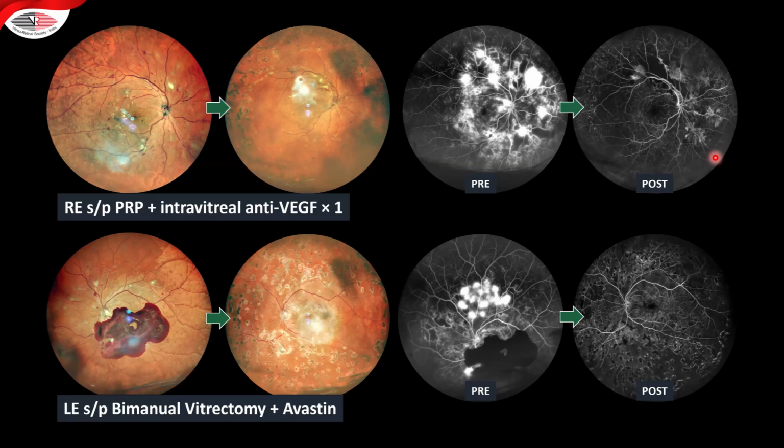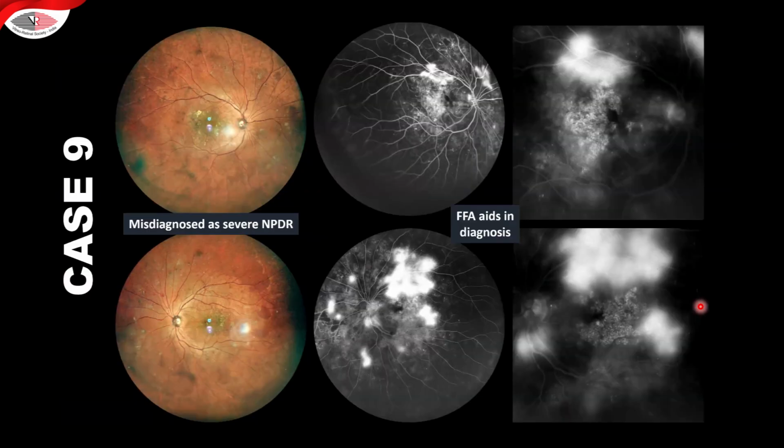And you can see the regression after treatments. The right eye was treated with lasers and anti-VEGFs, the left was treated with surgery and a 360 PRP done during the surgery. And you can see the regression in both taking place with time. And this is how the treatments have to be customized for each eye, and the angiography helps us do that to a large extent.